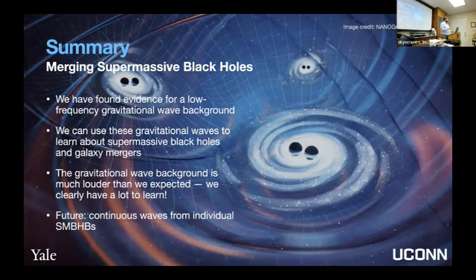In fact, we usually mostly consider supermassive black holes where the ratio of the larger to the smaller is at most 4:1. That being said, we can absolutely have more lopsided black hole binaries. These are what we call extreme mass ratio inspirals. NANOGrav and pulsar timing arrays are not sensitive to those, but LISA will be sensitive to those when it launches. It's one reason we're really excited about that project.